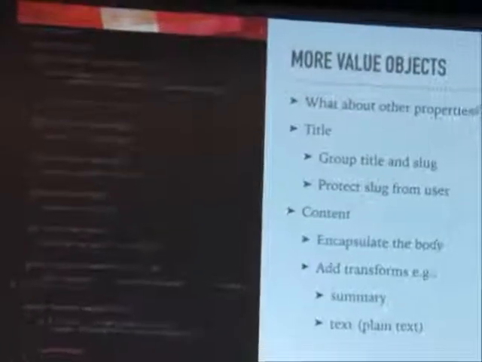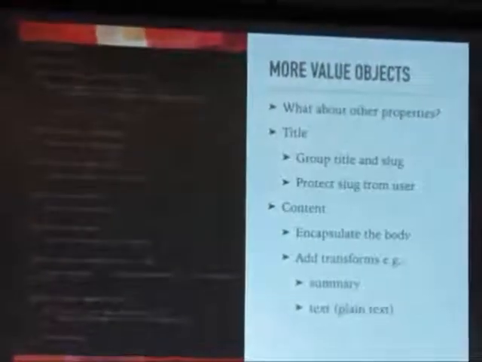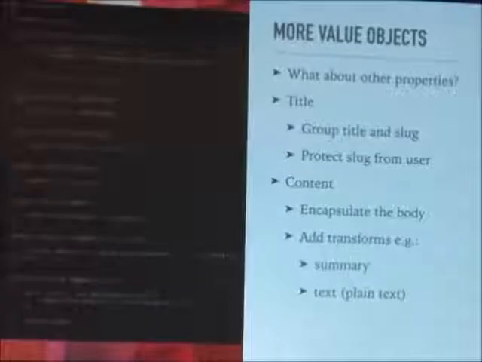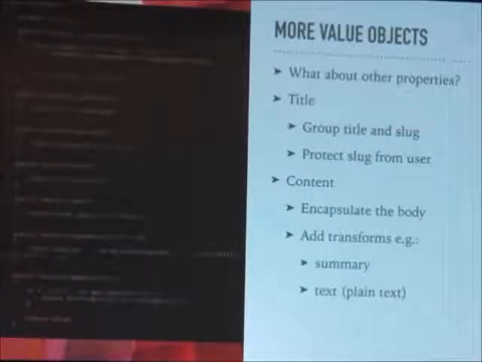So we could have a to-text or a way of generating a summary from that body of content. If this happens to be HTML, it might not be, it could be Markdown, who knows. But we can encapsulate that, and it's no longer in the post, it's related to the post content. So it keeps our APIs a lot simpler and cleaner.